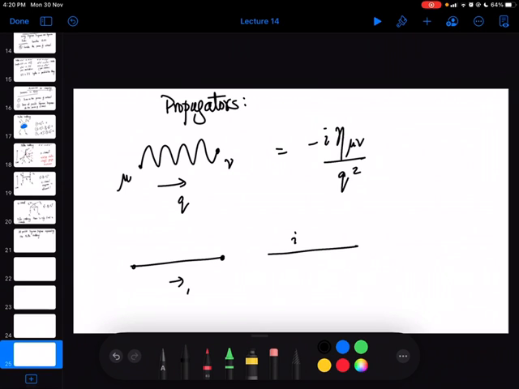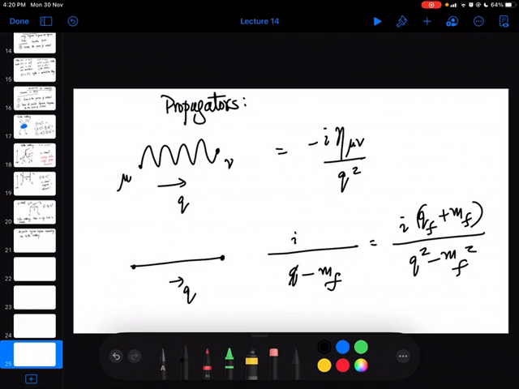Say this is the momentum q, it is i over q slash minus m_f, which equals i (q slash plus m_f) over q squared minus m_f squared.